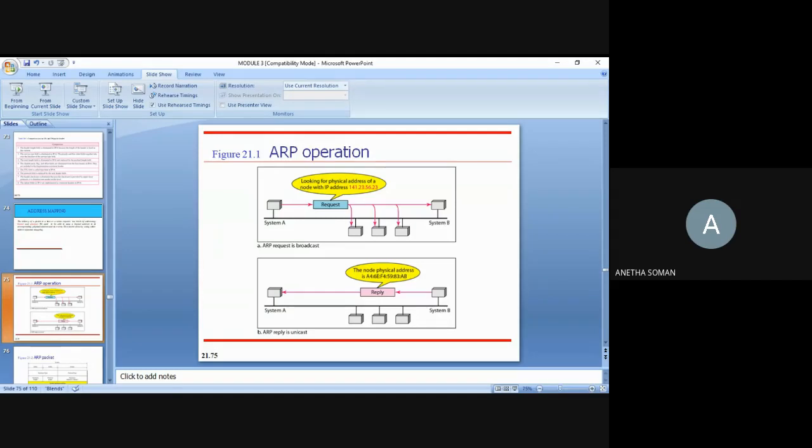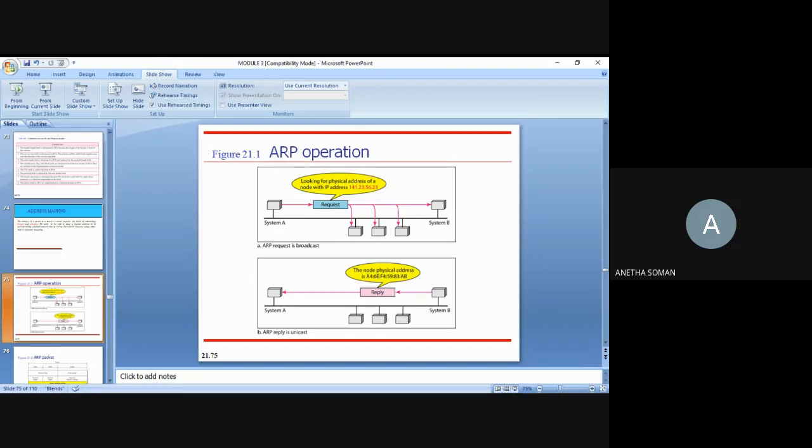So the IP datagram must be encapsulated in a frame so that it is able to pass through the physical network. If you want to pass it through the physical network, you require the physical address of the receiver.